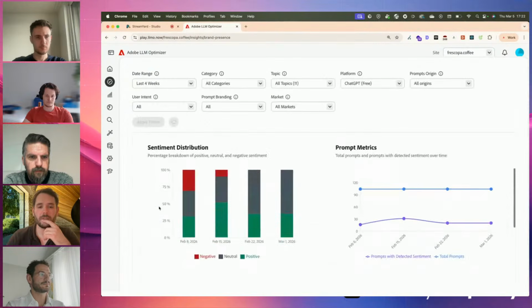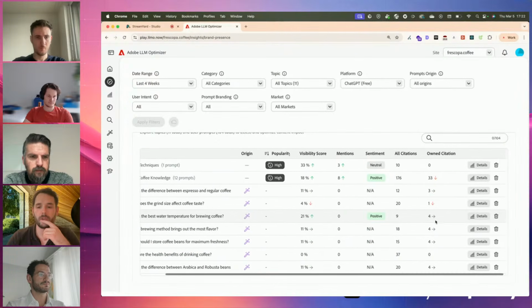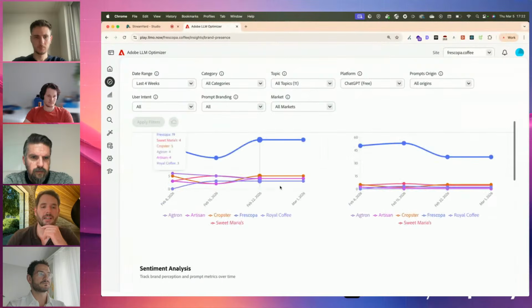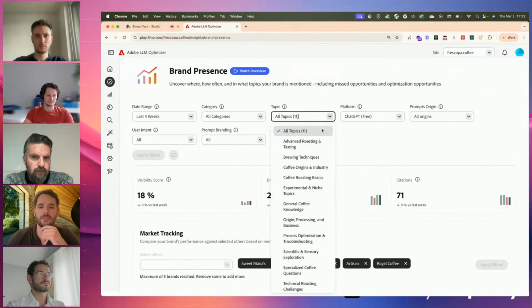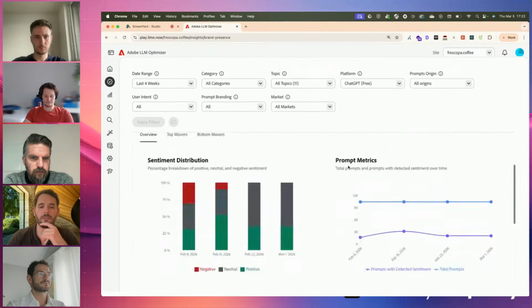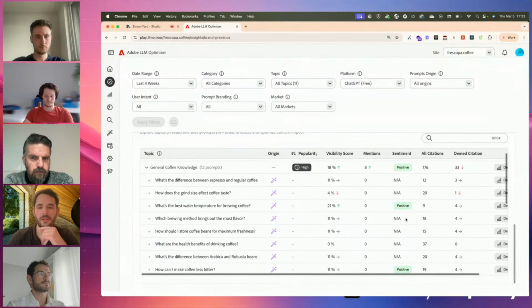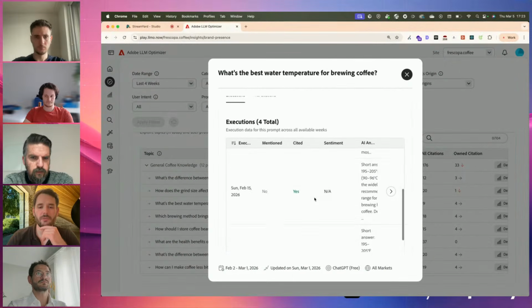Something I wanted to share is the lowest level of detail that you can get to. You can see data aggregated at a global level, then at topic level, and also at prompt level on this table. You can go even deeper, because we always save information week over week.